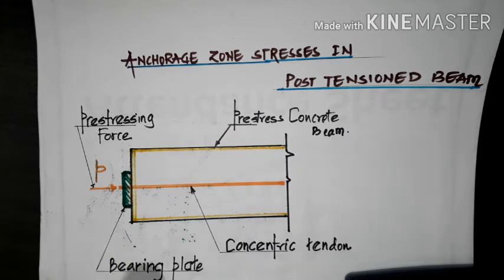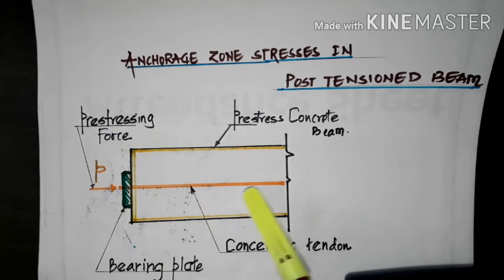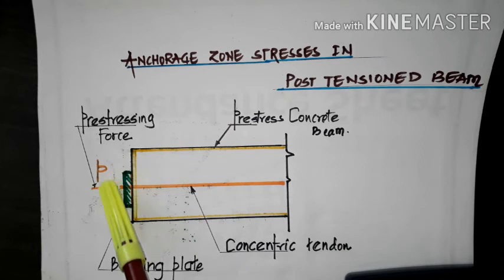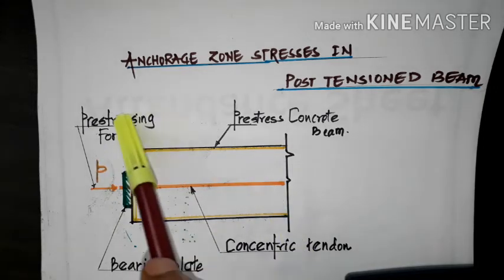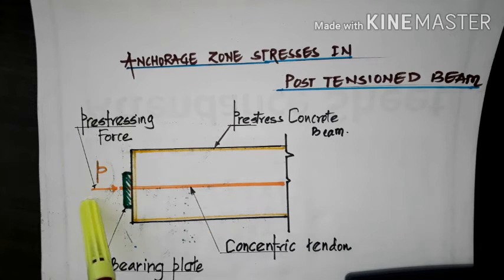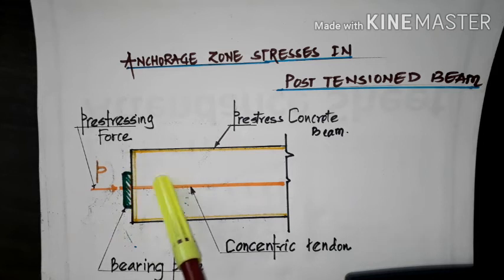This tendon will develop a prestressing force when it is stretched and anchored at the ends using the bearing plate. The tendon will develop a prestressing force P, and that prestressing force P is transferred to the concrete through this anchorage device.